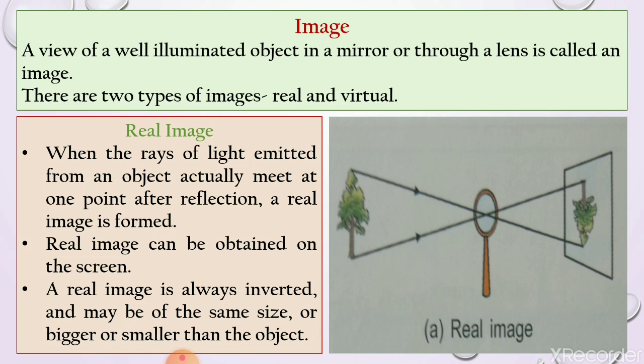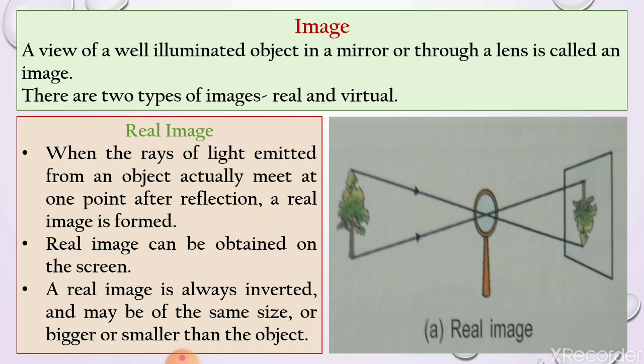Next thing, how real image is formed. So real image is formed when the light rays which are coming from an object, after reflection they actually meet at a point. Okay, means when the light rays emitted from an object actually meet at one point after reflection from the mirror, as you can see in the diagram.